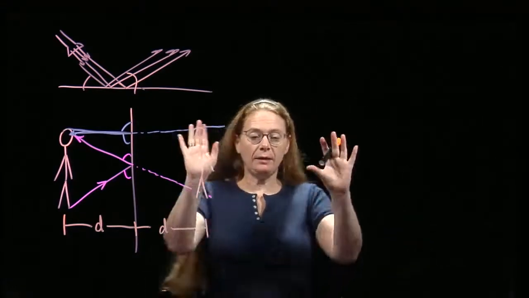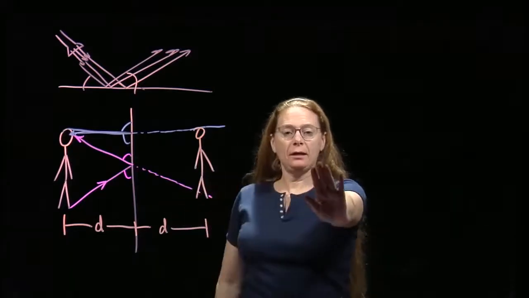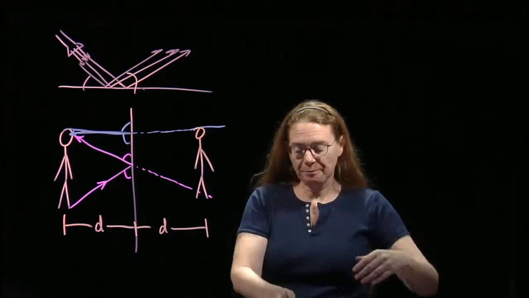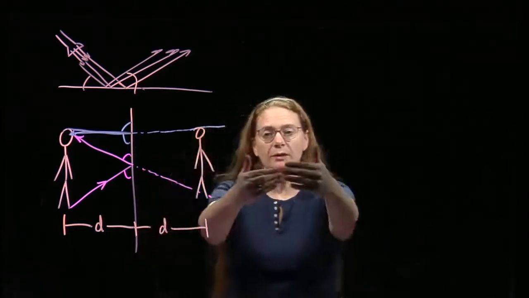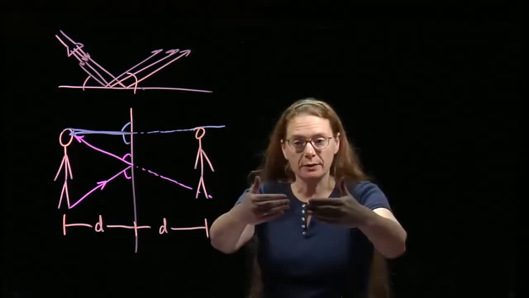So when you're standing in front of your bathroom mirror, if you are a hand's length in front, your image is a hand's length behind. So if the object is in front of the mirror, the image is an equal distance behind the mirror.